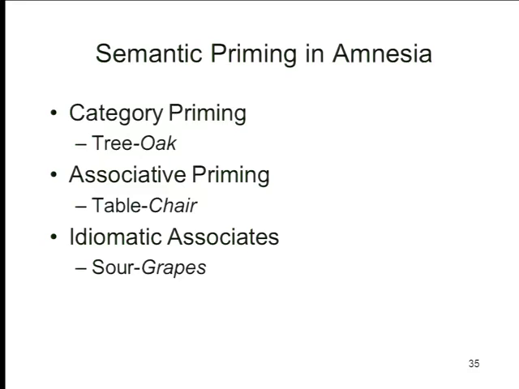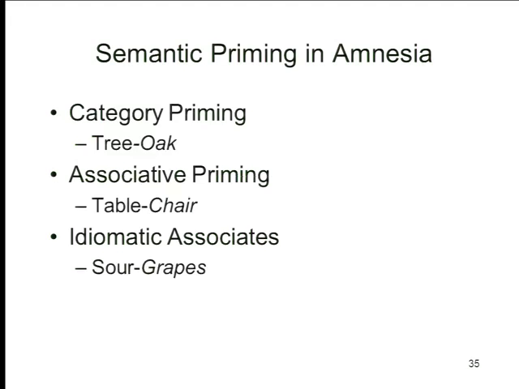Similarly, we have associative priming, where a subject might study a word like chair, and then instead of being given a stem like CHA to complete, what we do is present the person with a close associate like table and ask him to give us the first word that comes to mind. And if he gives chair, that's known as associative priming. And then finally, there is priming based on idiomatic associates, the kinds of things that are idioms in a particular language or perhaps in a particular dialect, like sour grapes.